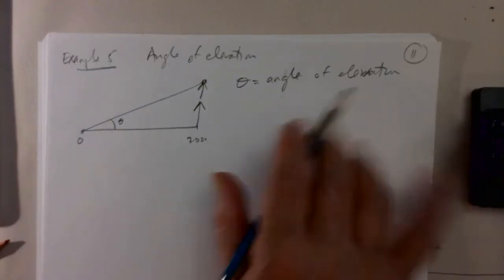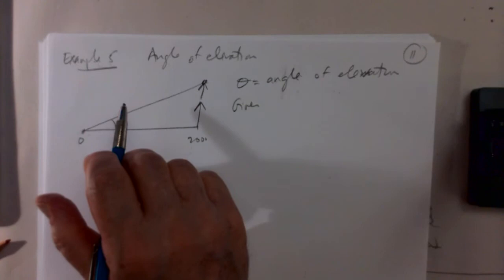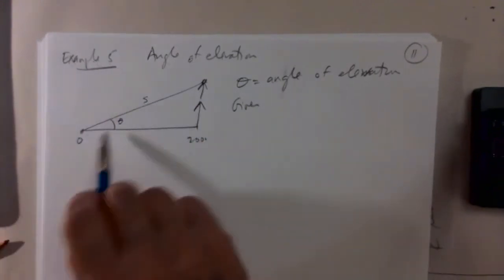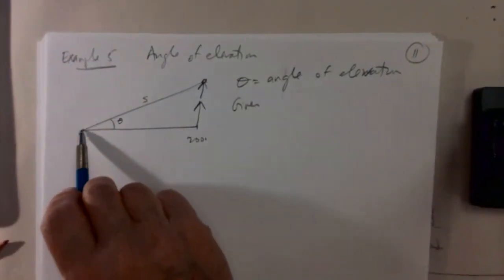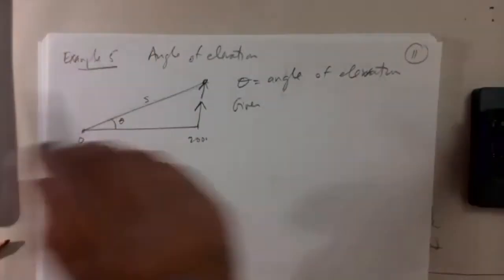So we're given, oh, and s is the distance from the observer with the telescope to the rocket. And this thing is shooting up in the air.